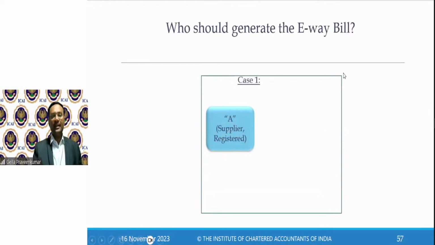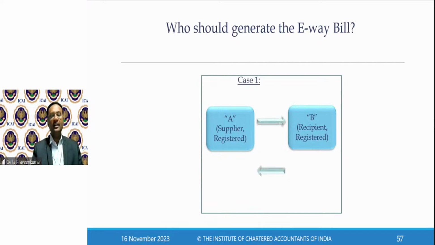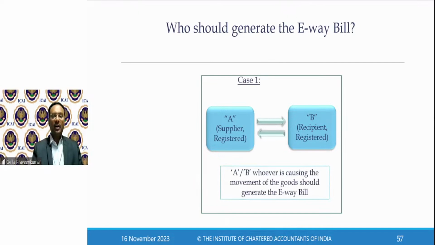Who should generate the e-way bill? Seller registered under GST law, recipient also registered under GST law. If seller is registered, recipient is also registered, then either seller or buyer, whoever is causing the movement of goods, shall prepare the e-way bill.